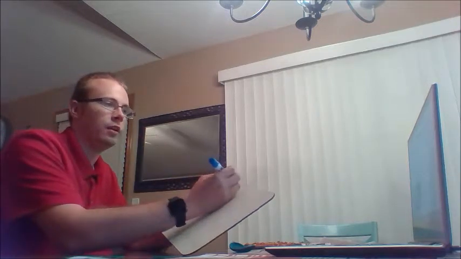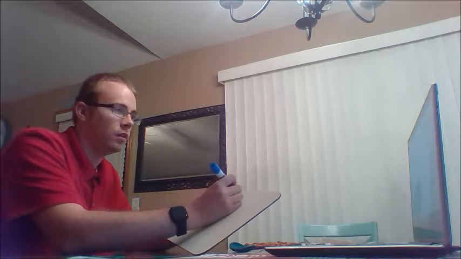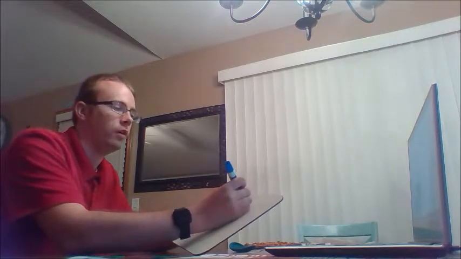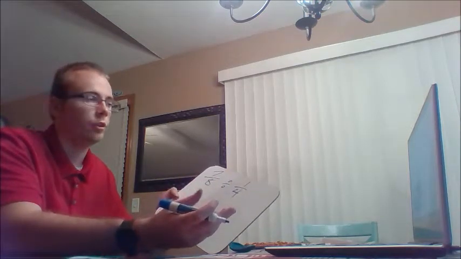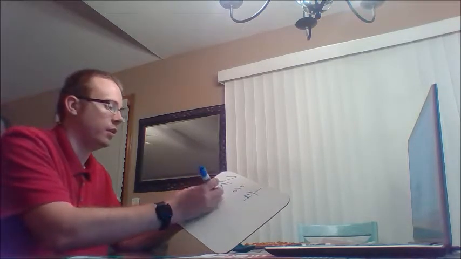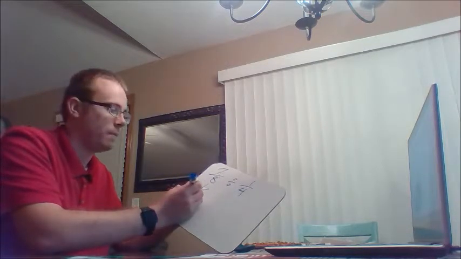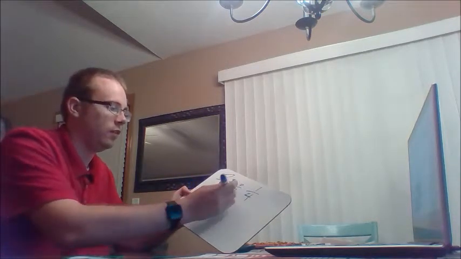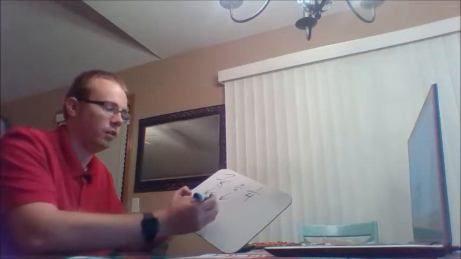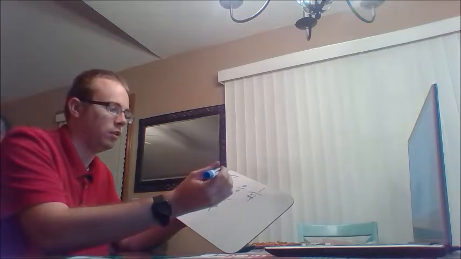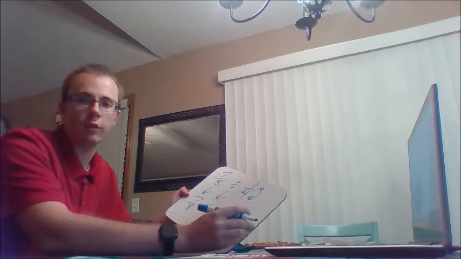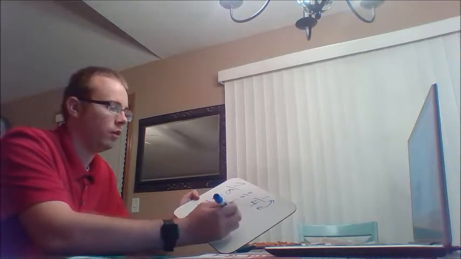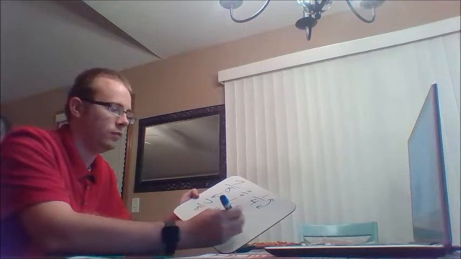So remember that it was 7/8 divided by 1/4. So what I'm looking for students to do is to keep this first fraction as 7/8, changing the division into multiplication, and then flipping the second fraction, which is going to be 4/1.